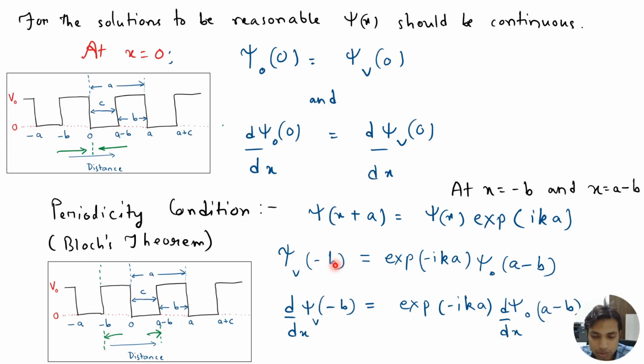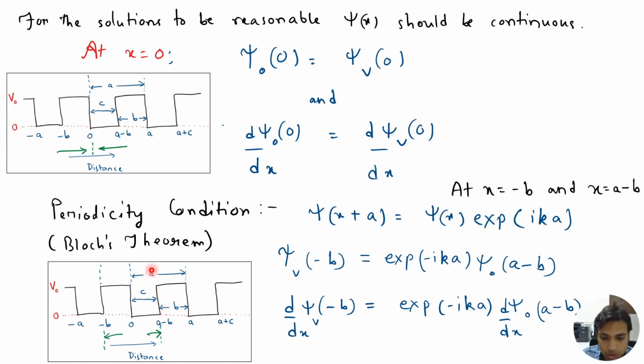Now we want to impose a boundary condition. What is the boundary condition we are trying to impose? You see that one period is from 0 to a, right? And we want to associate psi of minus b at this point with the wave function at a minus b.